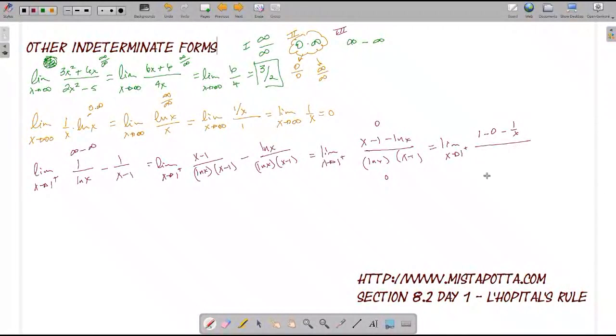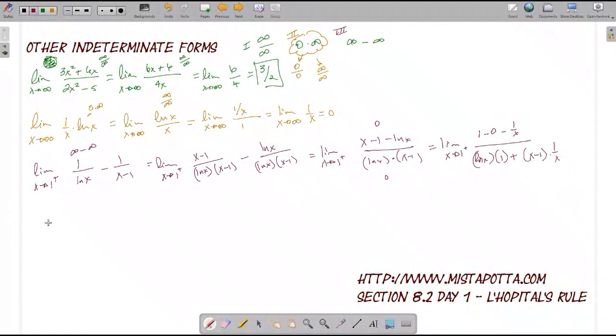When I take the derivative of the denominator, though, this is the product of two functions, and I really need to evaluate this with the product rule. So it's going to be first times the derivative of the second plus the second times the derivative of the first.